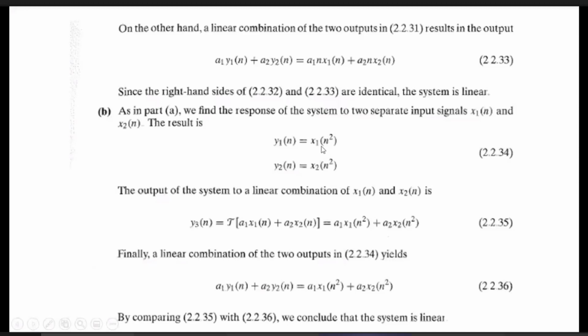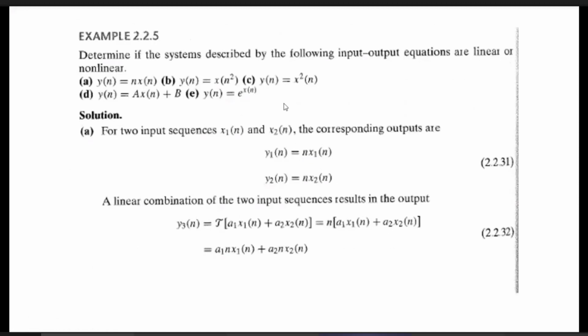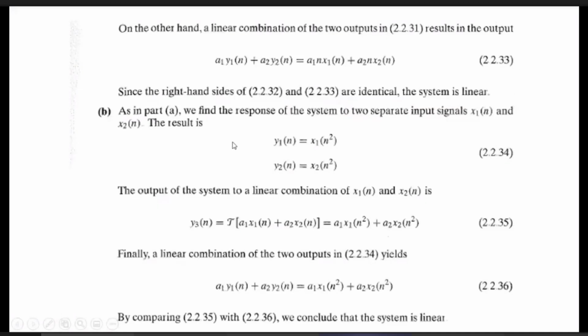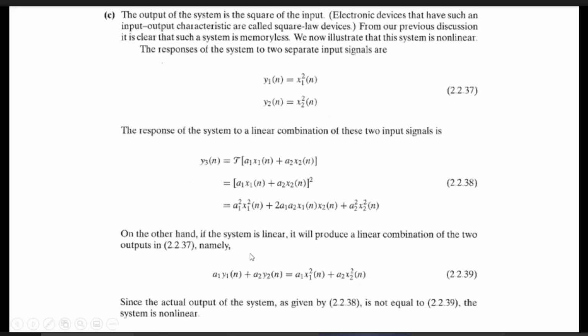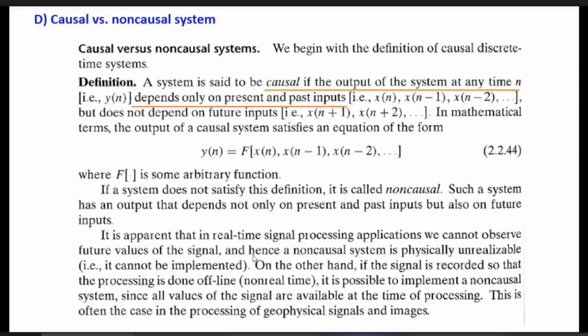Similarly, go through x[n squared]. Can anybody tell whether x of n squared is linear or non-linear? And x squared [n], which one is linear and which one is non-linear?